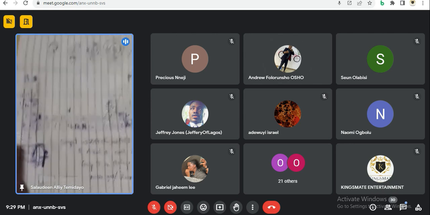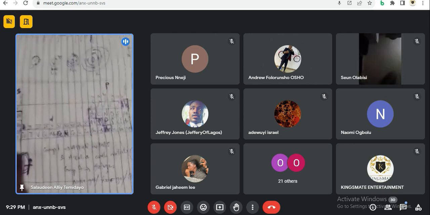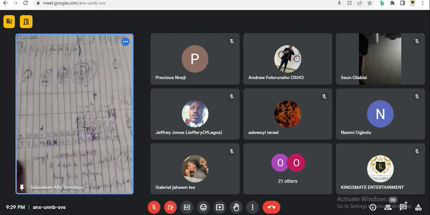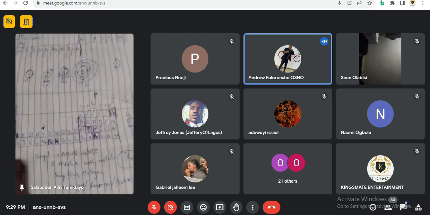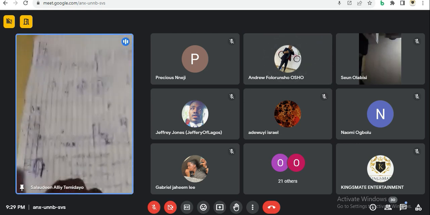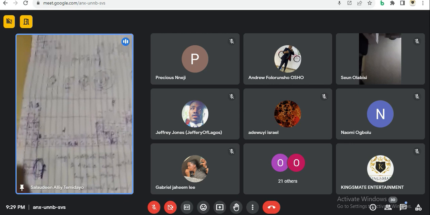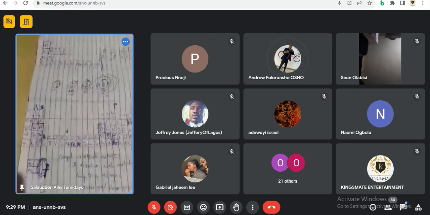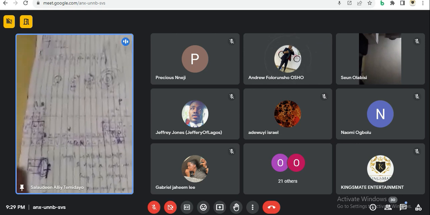What I'm saying in essence is that the actinides and the lanthanides are also known as the inner transition elements or the rare earth metals. Those are three names: actinides and lanthanides, inner transition elements, and rare earth metals.